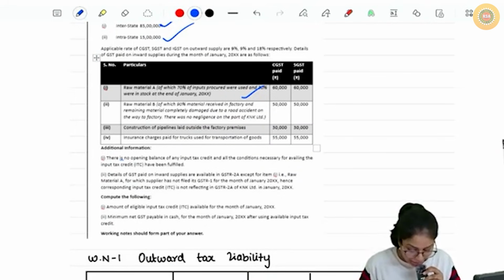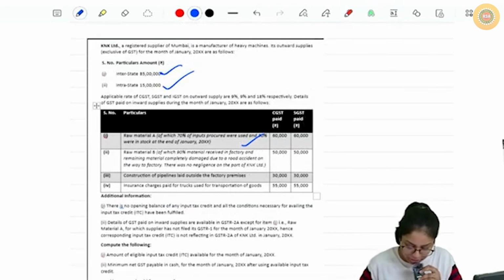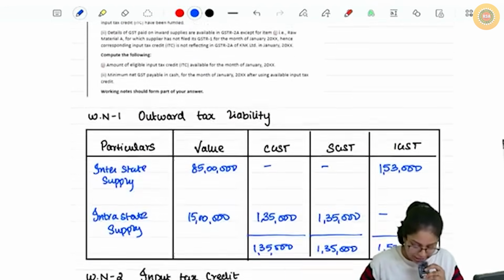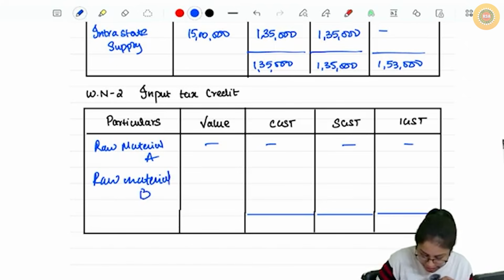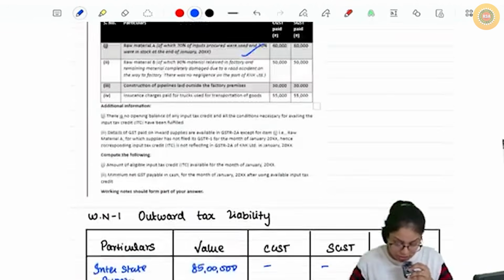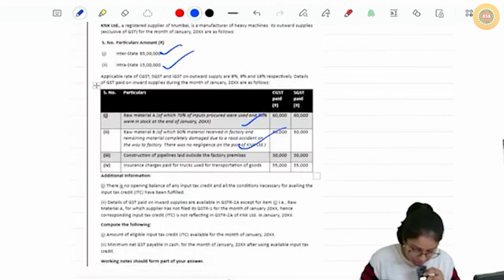Next is raw material B. 90% of the material was received fit and fine, but 5% was damaged. So for the 5% you will not be able to take the ITC. So for raw material B, I will be able to take the ITC for 45,000. The 5,000 I cannot take because 5,000 worth was damaged. So this is done.